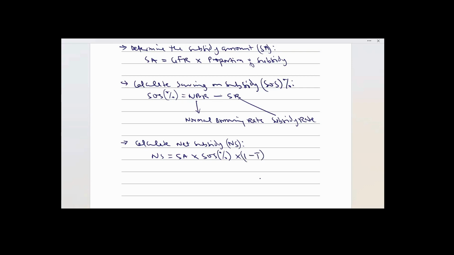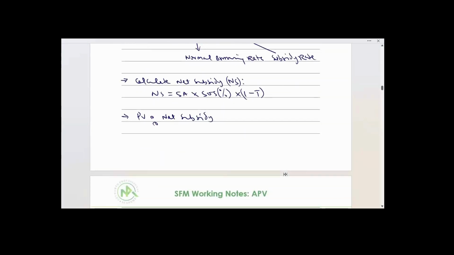This will give me the net subsidy. Finally, once I get the net subsidy, I need to calculate the PV of net subsidy. PV is calculated as net subsidy multiplied by annuity factor.